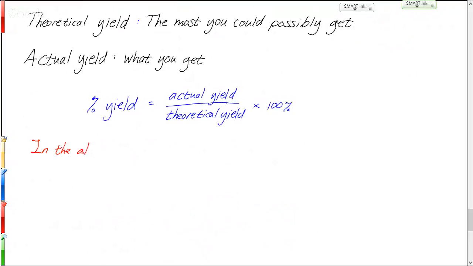Let's say in the above reaction, we got 46.2 grams at the end.